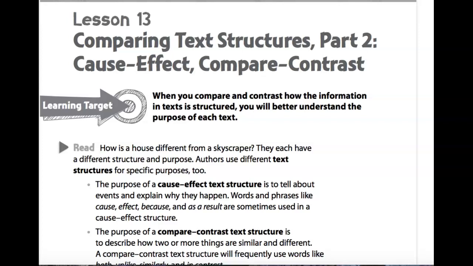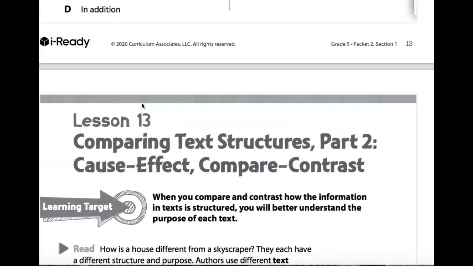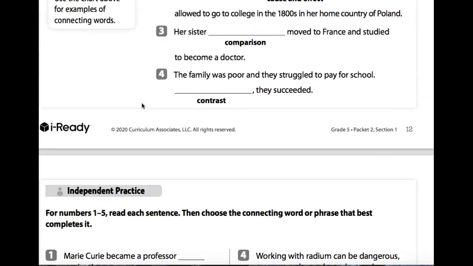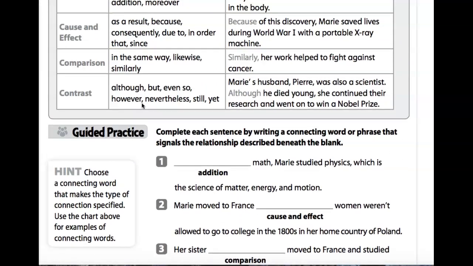All right, so one text structure is cause and effect, and we learned about that yesterday and some of the connecting words that have to do with cause and effect. As a result, because, consequently, due to, in order that, since.